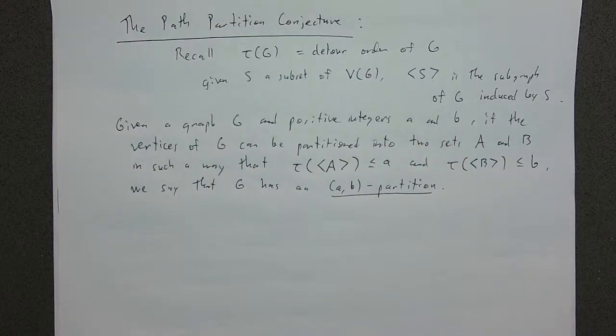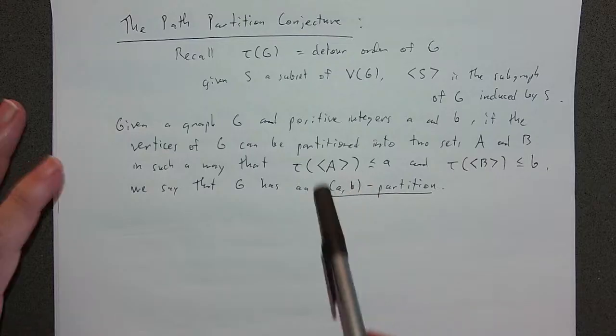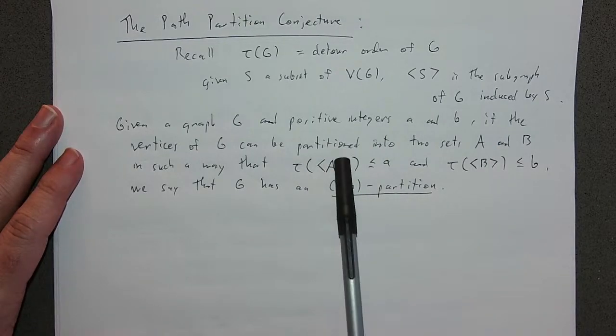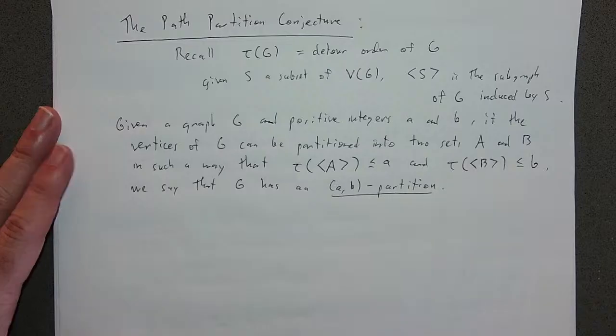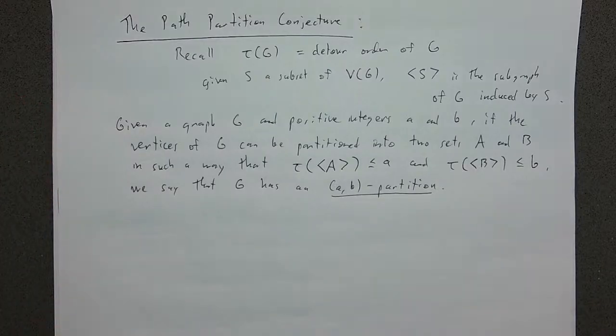This is a little confusing until you see an example of it, because you're thinking of the detour order, which is the number of vertices in a longest path in a subgraph induced by some subset of vertices, and you're putting an upper bound on that with these integers a and b. So what does this look like?